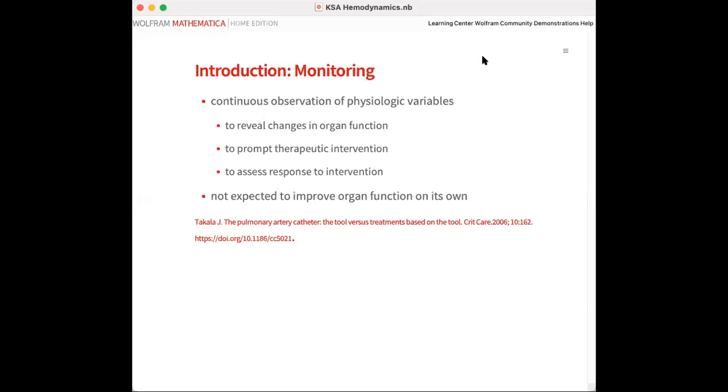Monitoring has been described as the continuous observation of physiologic variables with the intention to reveal changes in organ function. And once you reveal these changes, then you may be prompted to intervene appropriately. And after intervention, you may want to reassess the response to your intervention.